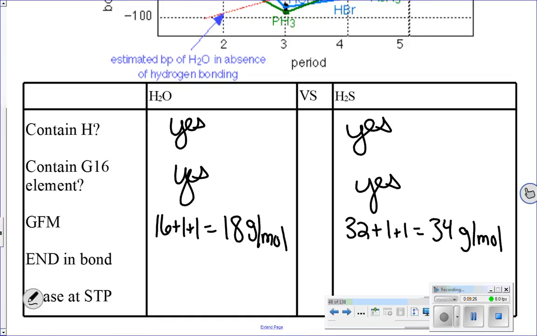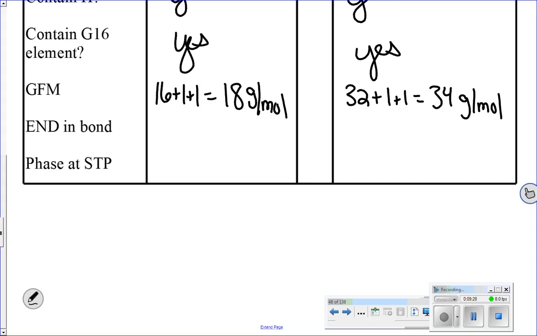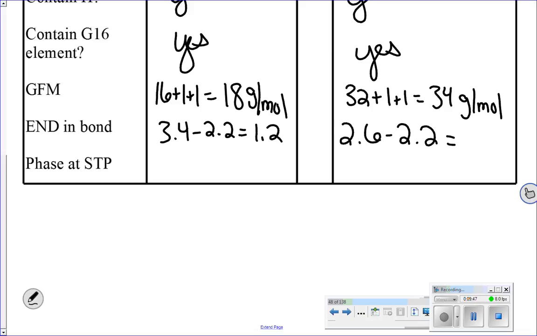The electronegativity difference in the bond is extremely telling here. So when we look at our electronegativity difference between oxygen and hydrogen, we do 3.4 minus 2.2, we get a difference of 1.2. If we look up sulfur's electronegativity, it's only 2.6, so the difference is only 0.4. That's a pretty small difference.